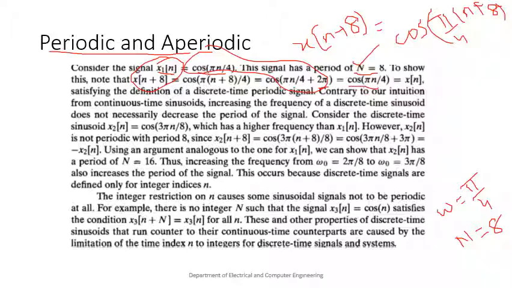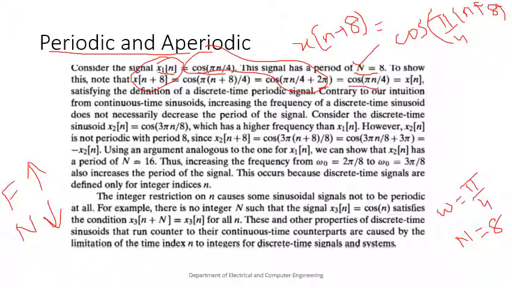It is not necessary that if we increase the frequency, the period will decrease. Normally, if we increase the frequency, it means that repetitions are happening faster, so the period should go down. But this is not true in the case of discrete signals.